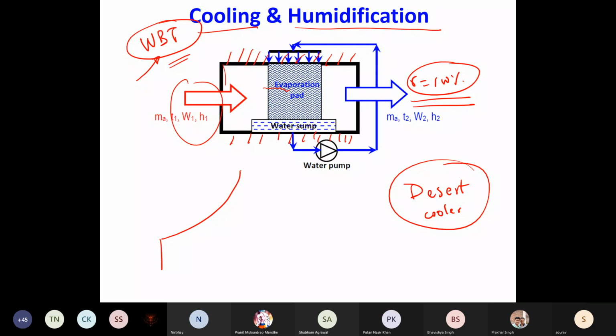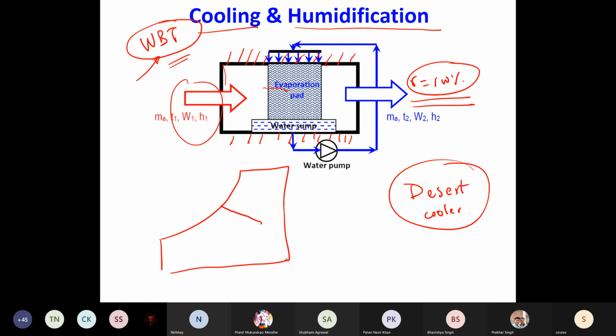So the theoretical process line on your psychrometry chart is your WBT line, which is already marked on your psychrometry chart. It may look very similar to the isenthalpic line, but it is not exactly that because you supply some liquid water into your desert cooler or into your saturation chamber.